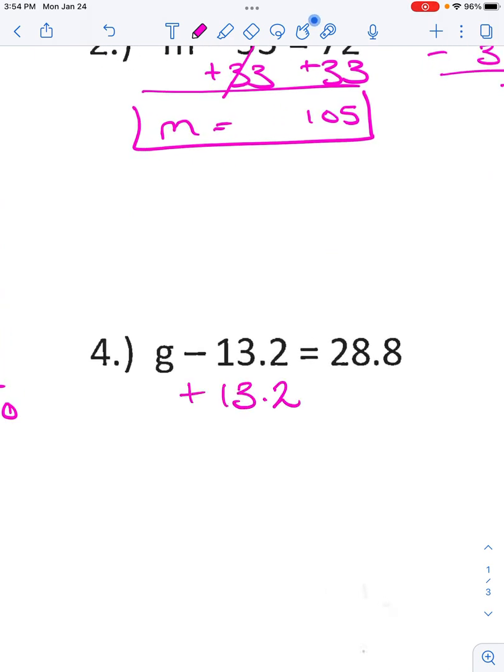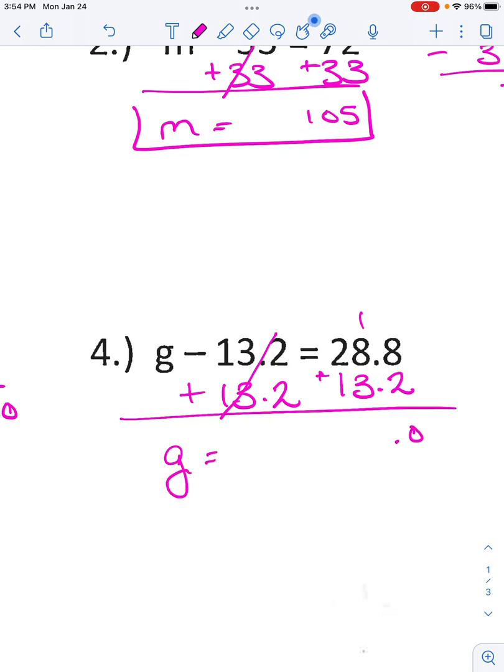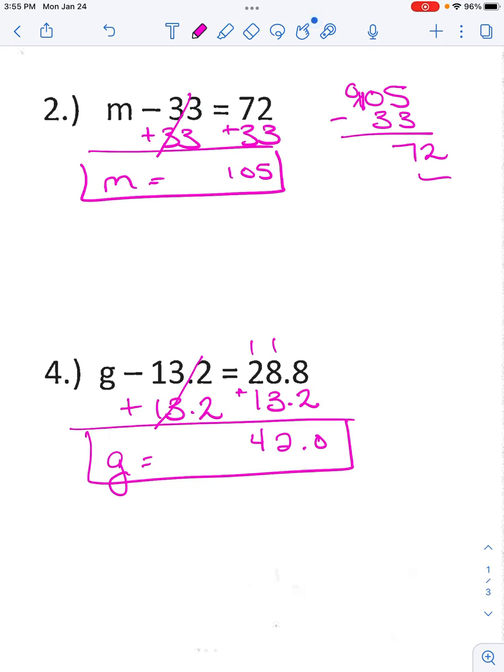So we're going to add 13 and 2/10 to both sides, and again lining up those decimals. So we're going to get g is 42, and then we're going to plug it back in and make sure it checks out. 42.0 minus 13.2 is 28.8, it checks out.